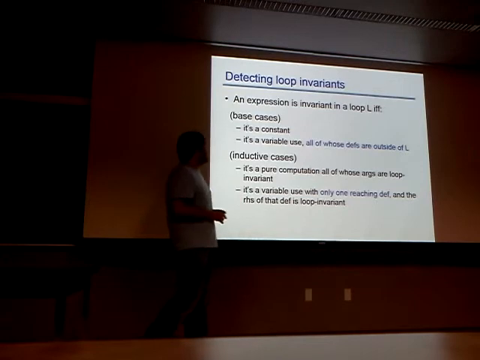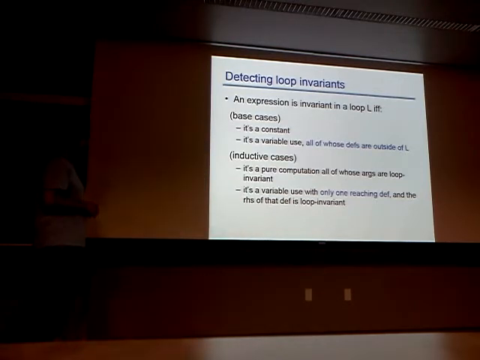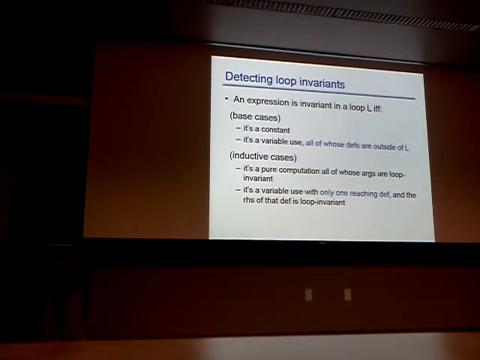And basically, if it's a variable with one reaching definition, and the right-hand side of that definition is loop invariant, so you know that variable is being assigned some loop invariant computation, then this X is also loop invariant.